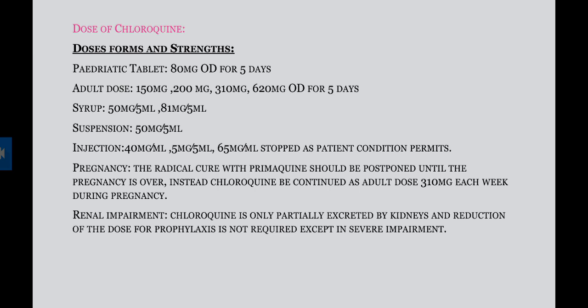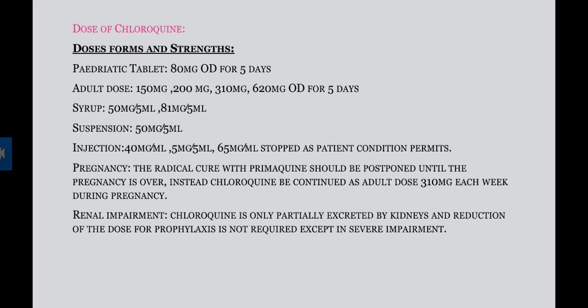Adult dose can be 150 mg, 200 mg, 310 mg, 620 mg OD for 5 days. Syrup, suspension and injection forms are also available. Injection preparation must be stopped as the patient's condition permits. They are present in severe doses.